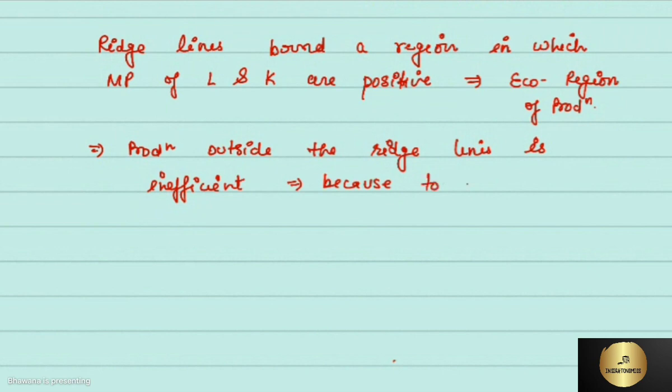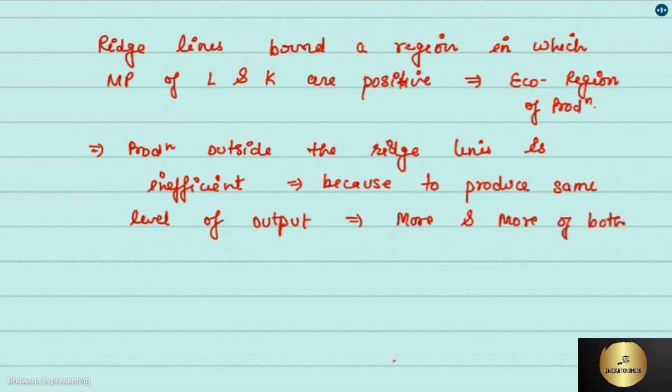Because to produce the same level of output, more and more of both labor and capital are required, which is costly. That's why producing outside the ridge lines is inefficient for a producer.